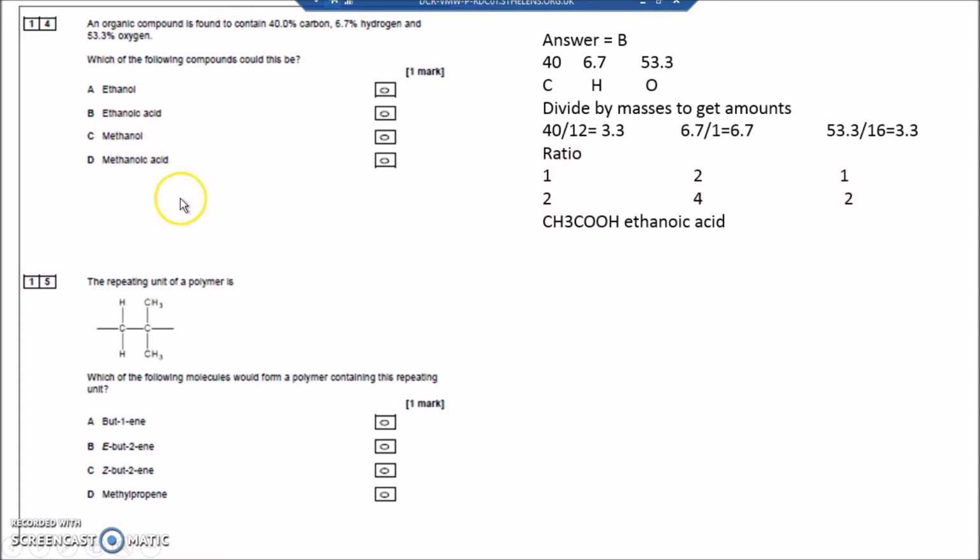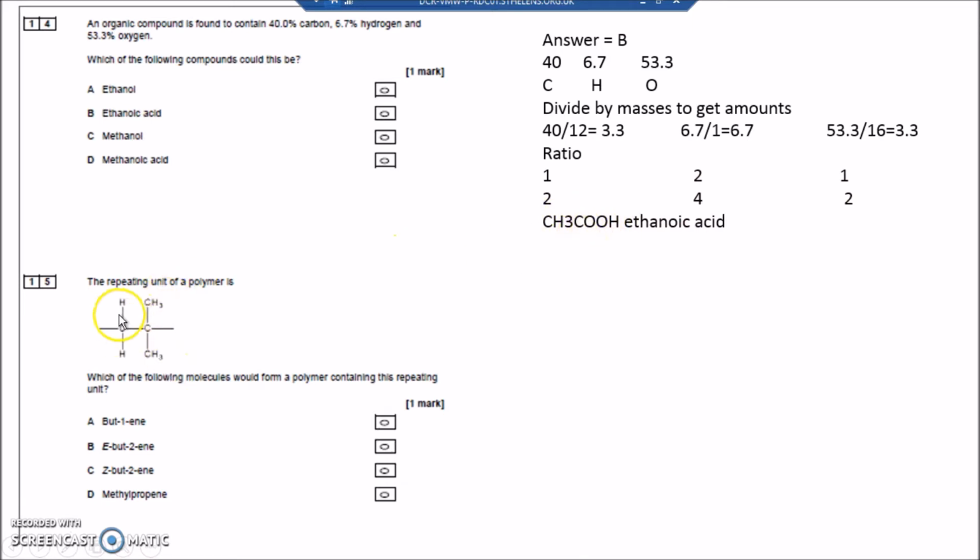Methanoic acid is HCOOH, so that's got 1 carbon, 2 H's and 2 O's, so it doesn't match either of those, so it's got to be ethanol or ethanoic acid. So if I double these amounts to end up with 2 carbons, 4 hydrogens, 2 oxygens, that matches ethanoic acid, 2 carbons, 4 hydrogens, 2 oxygens.